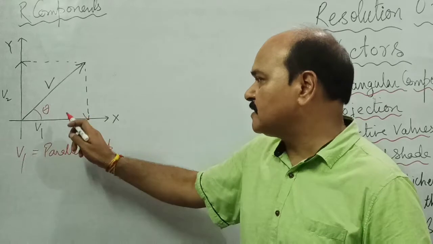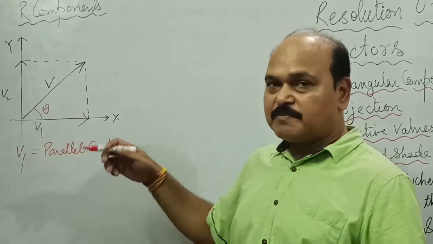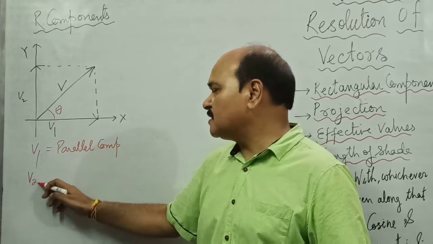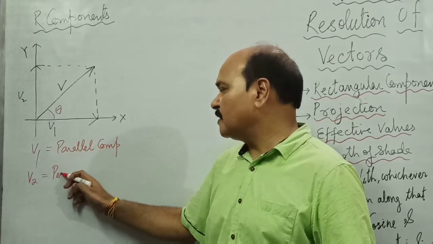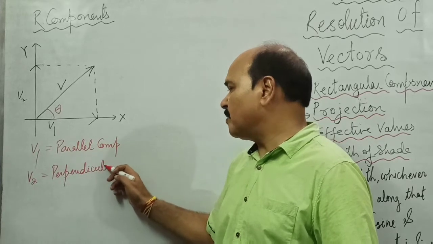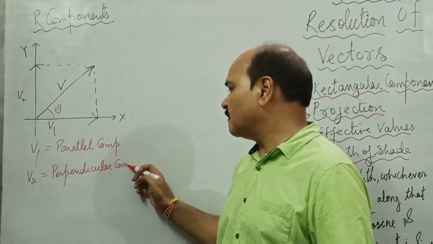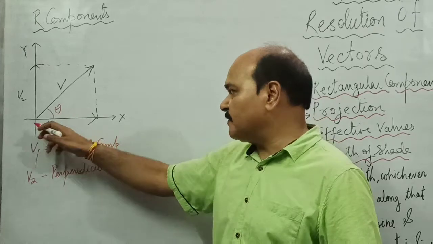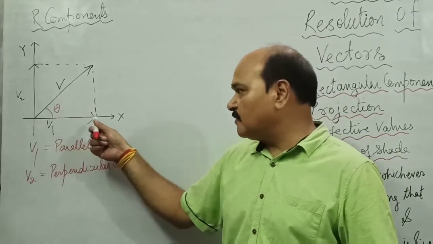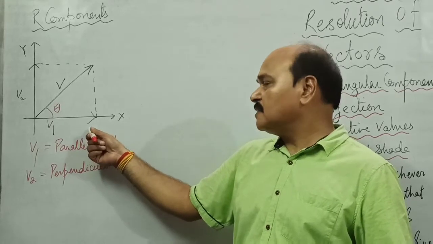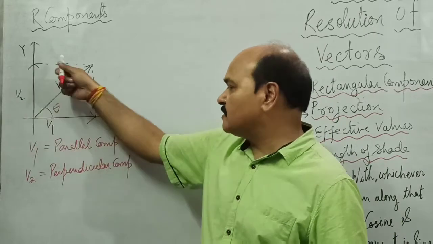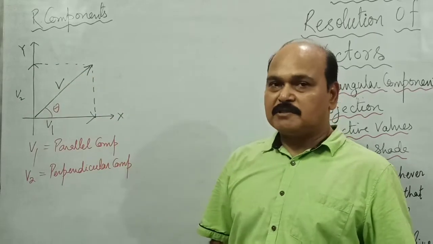If this angle is given as theta, this V1 is going to be called parallel component, and this V2 is going to be called perpendicular component. So with whichever axis angle theta is given, along that axis the length of shade is called parallel component, and with the other axis the length of shade is called perpendicular component.